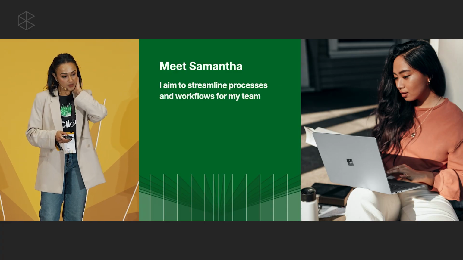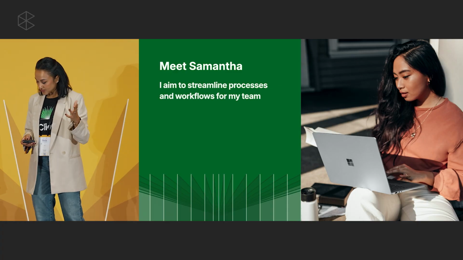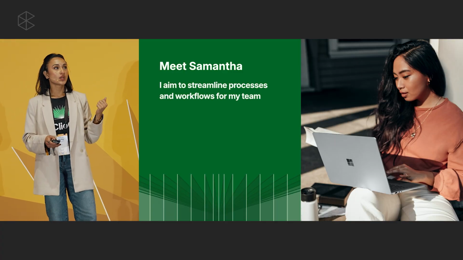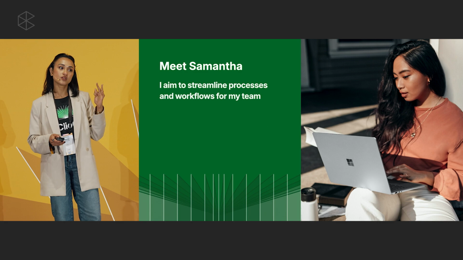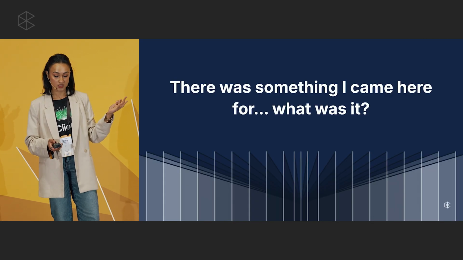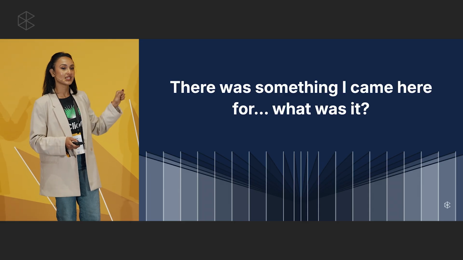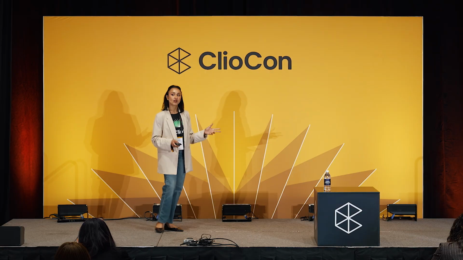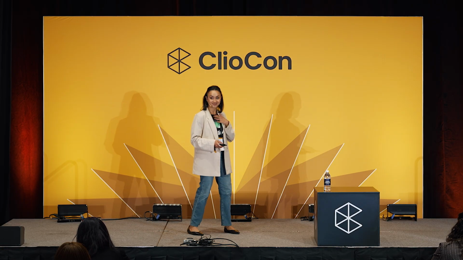Sometimes, despite having tasks and things in order, you probably have walked into a room or a meeting and told yourself, there was something I came here for. I don't remember what it is. How many of you have had that moment? Yeah, including myself.